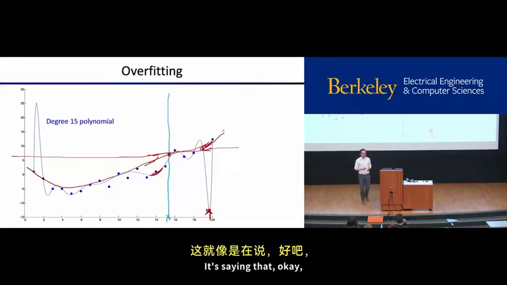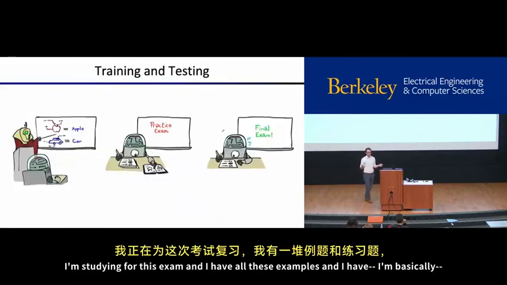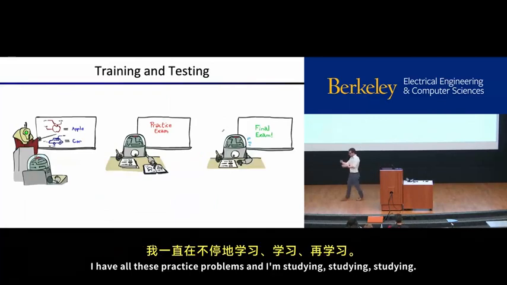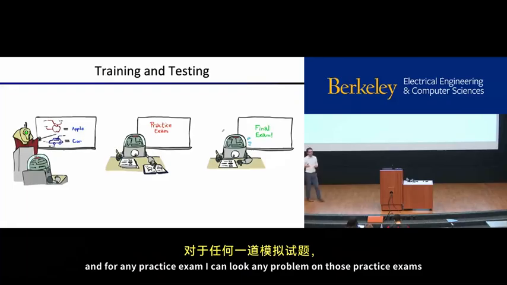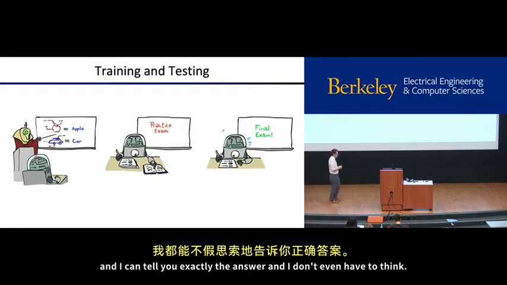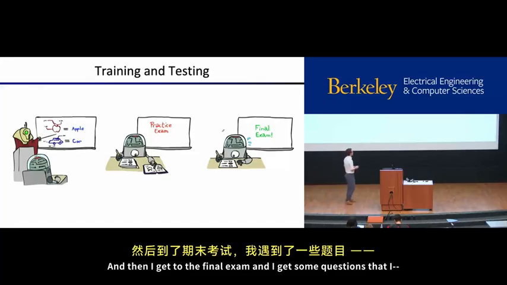It's like I'm studying for this exam, and I have all these practice problems, and I'm memorizing all the practice problems. I'm reading all these exams, and for any problem on those practice exams, I can tell you exactly the answer, and I don't even have to think. I've memorized it all, okay? And then I get to the final exam, and I get some questions.